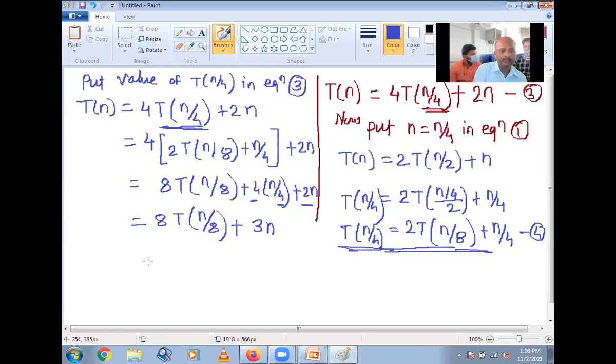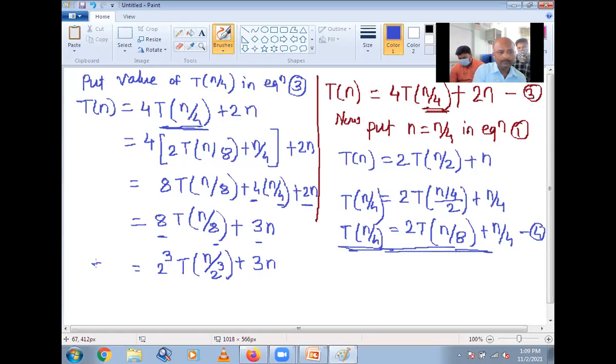Okay, so we will see the relation of these 8 and these 3. Instead of 8, we can write 2 raised to 3, T of n upon 2 raised to 3, plus 3n.